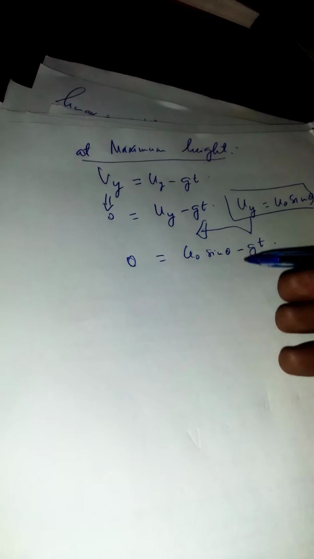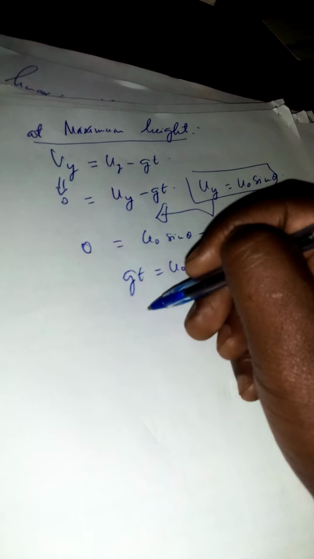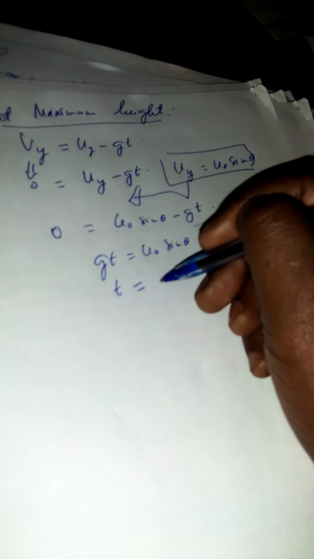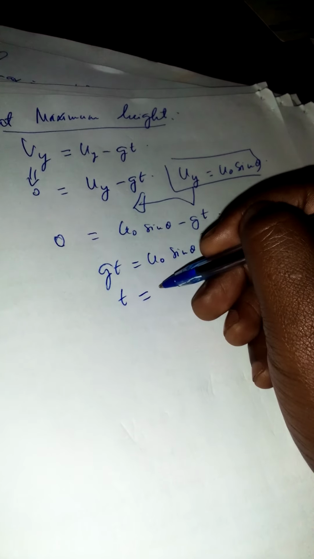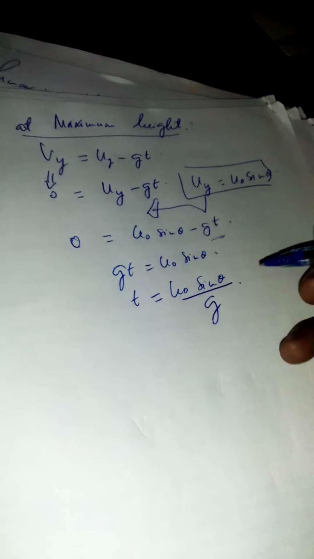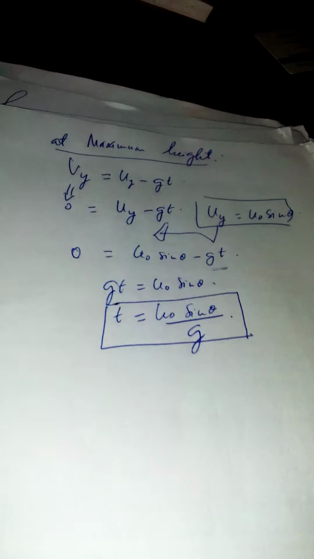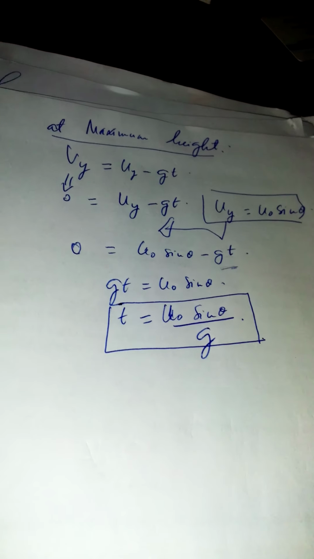From this equation we can find the time at maximum height. Separating the terms, gt is equal to u0 sine theta, and t will be equal to u0 sine theta over g. So this is the time when a projected body is at maximum height.